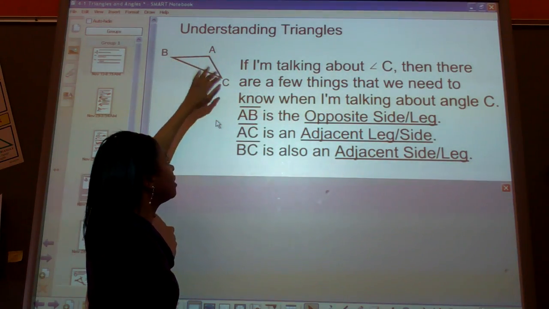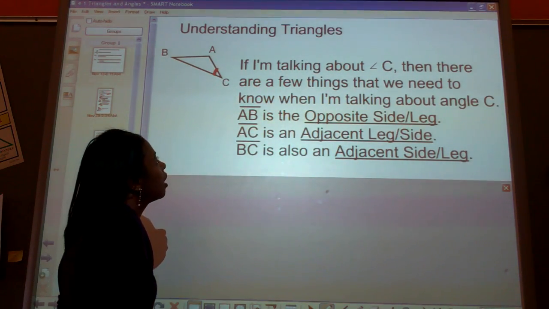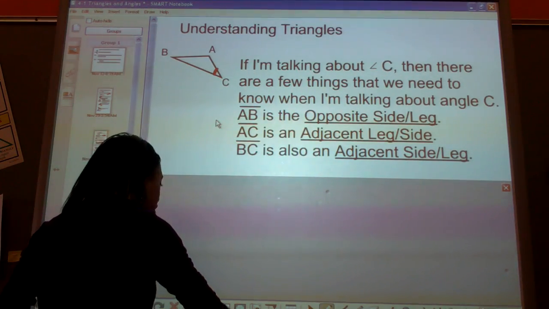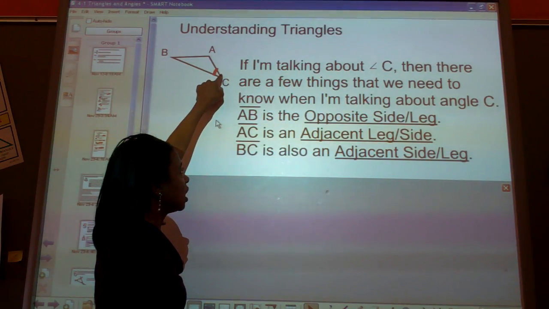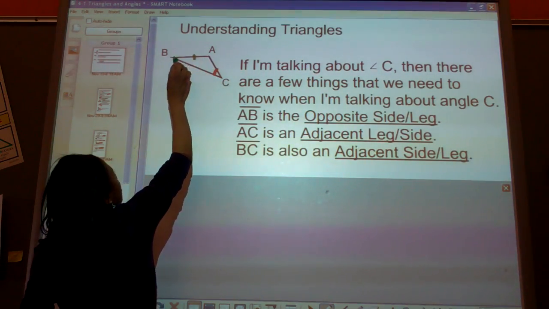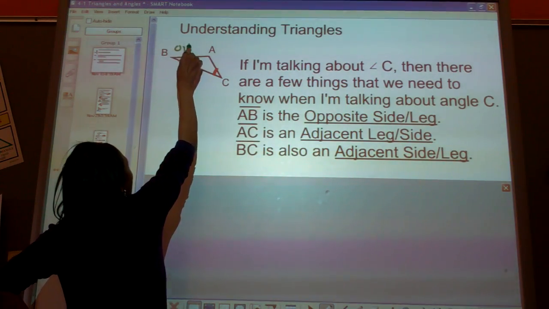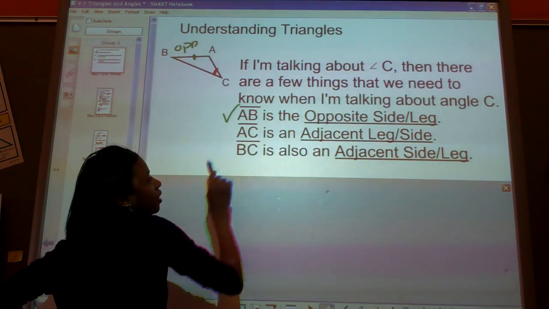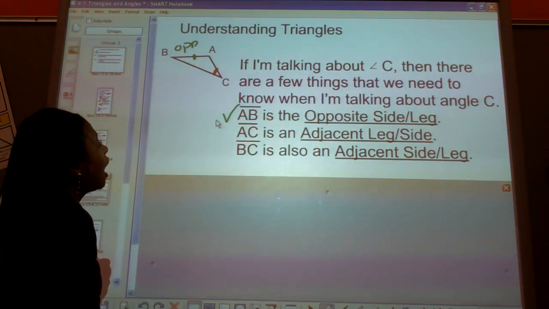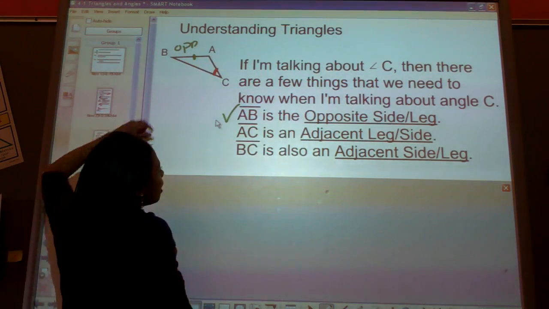If I have triangle ABC, and I'm talking about angle C, which I'm going to classify, then there are a few things that we need to know. If I'm referencing angle C, side AB, this side here, in reference to angle C, is called the opposite side or opposite leg. If I'm still talking about angle C, side AC is adjacent.